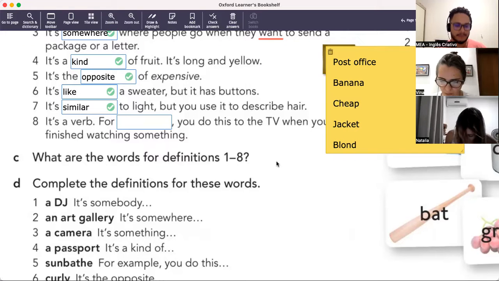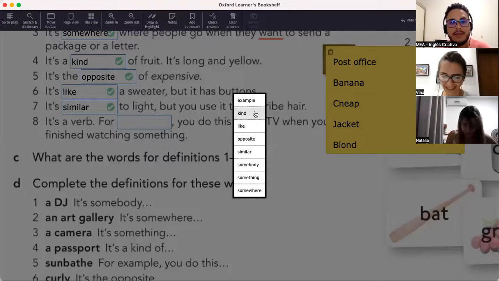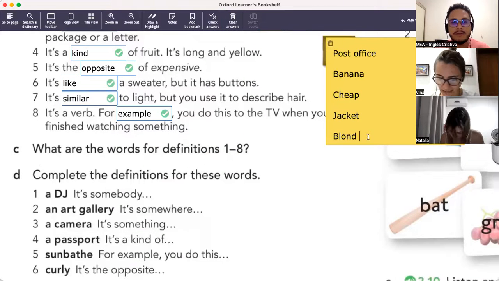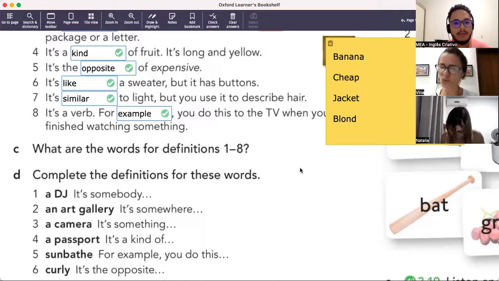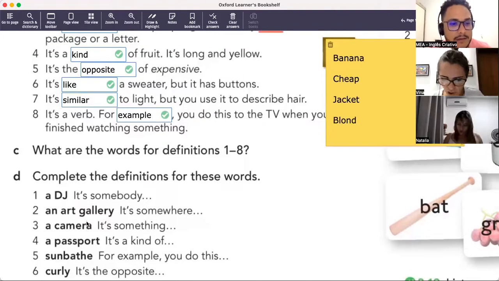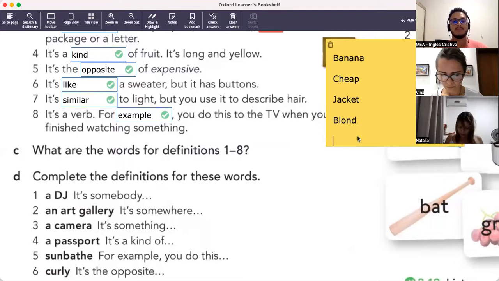It's a verb. For example, you do this to the TV when you finish watching something. When you finish watching, what do you do to the TV?